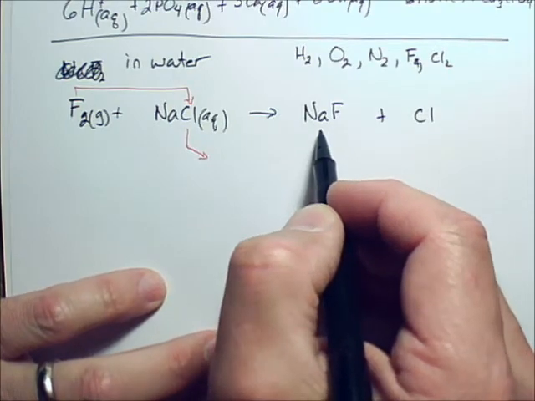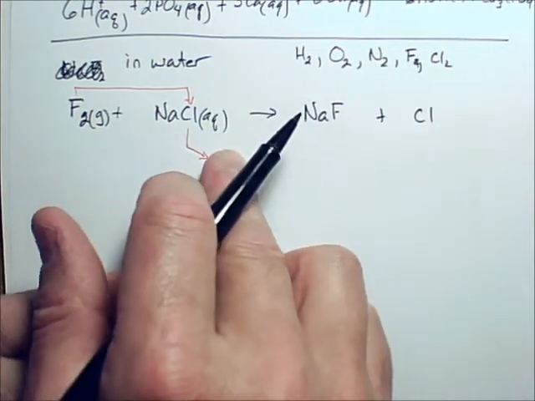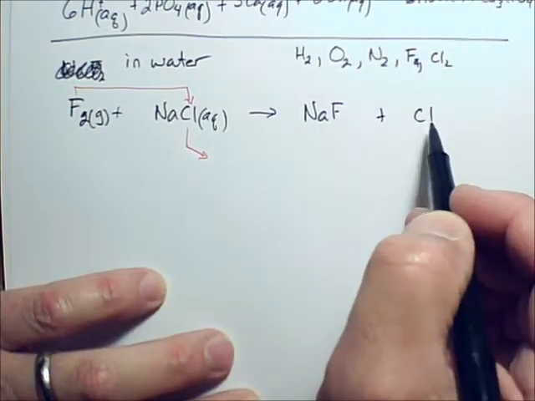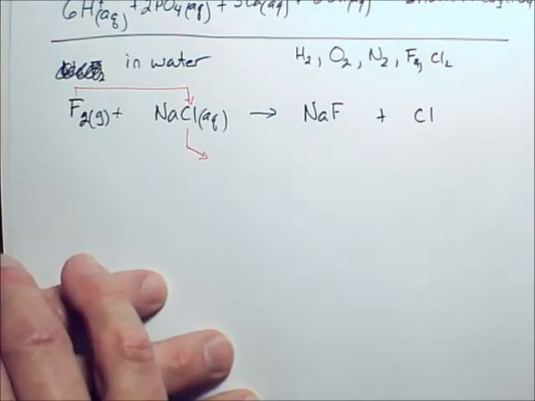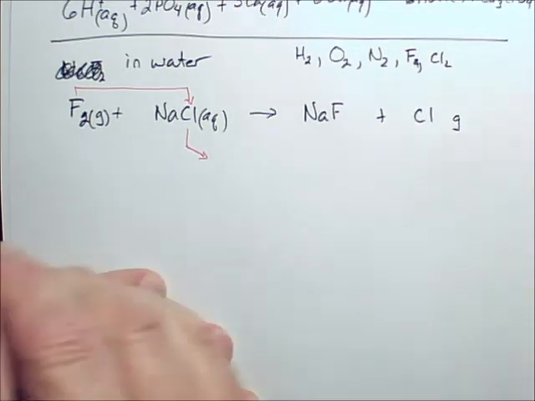Now we don't have to worry about physical states necessarily because we already figured out there's a driving force. We do have to figure out physical states, but not for the driving force. So we said chlorine by itself is going to have what form? It's going to be a gas. Can you tell me something else about it?